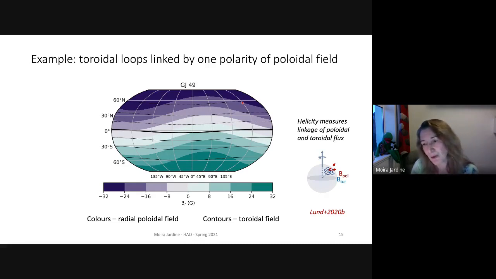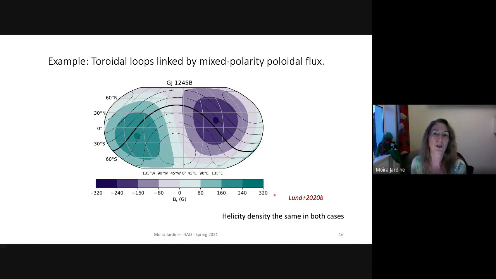Now, before I move on, I just want you to notice the scale here for B_r in Gauss. It goes up to about 30 Gauss. So GJ49 doesn't have a terribly strong field. Let's have a look at its partner, which had the same helicity density. So this is GJ1245b. You notice the radial field is an order of magnitude stronger, but it gives the same helicity density.